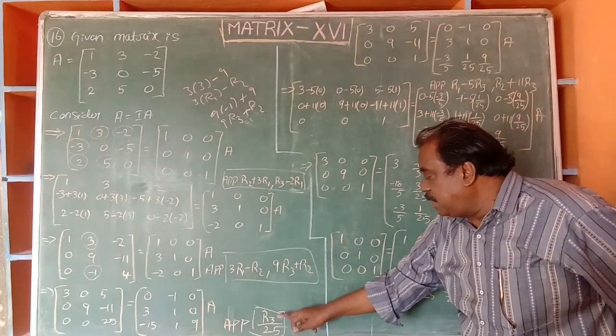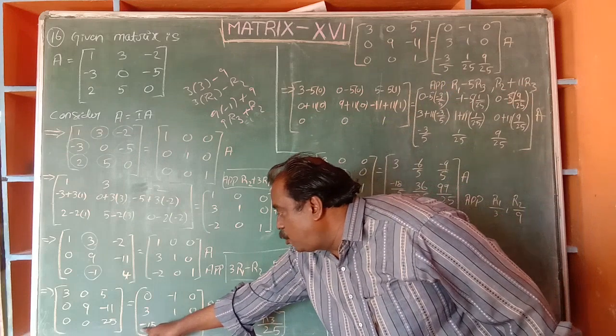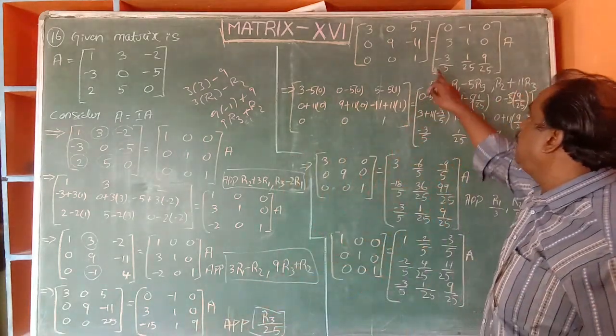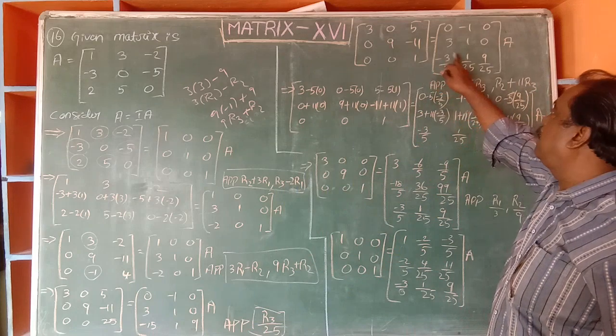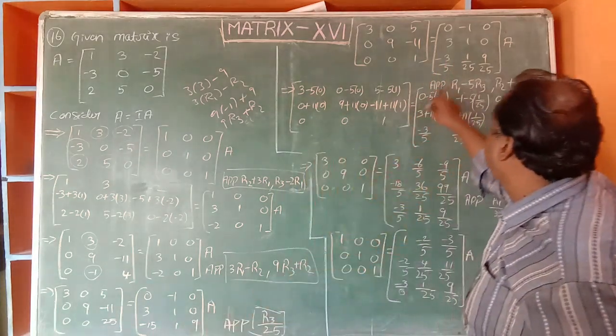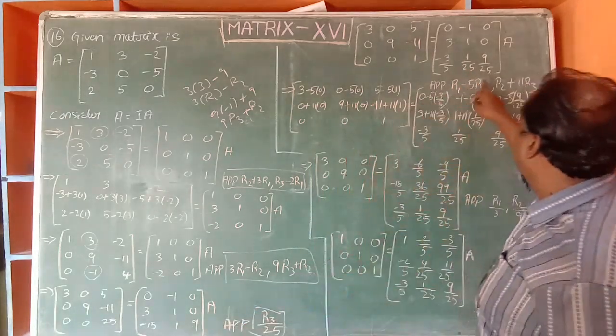But R3 by 25, here also we have to divide. Minus 15 by 25 is minus 3 by 5. Okay na? Here 1 by 25. And here it is 9 by 25.